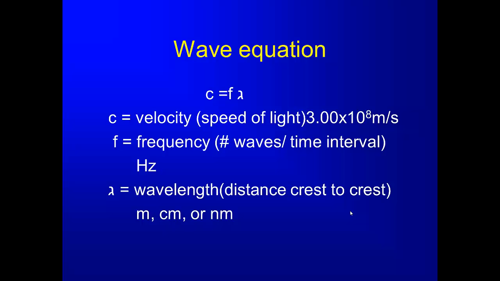Typically that's in meters, centimeters, or nanometers. Nanometers are going to be back. But to use your wave equation, pay attention: this is in meters. So if I give it to you in centimeters or nanometers, which I would never do, of course, this means you're going to have to do some converting.